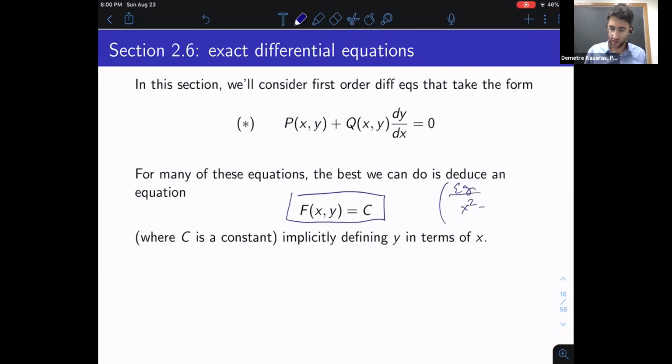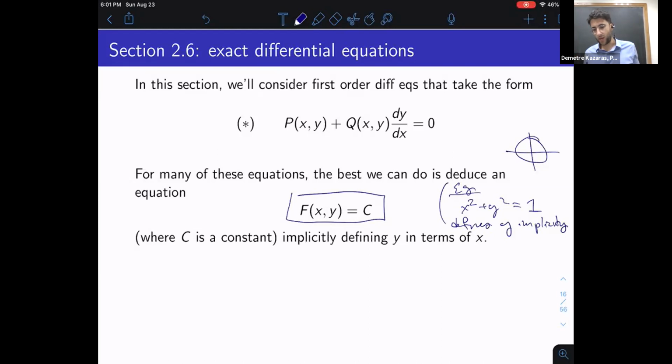Something like the equation x squared plus y squared is equal to 1. That describes a circle of radius 1. But this, I would say, defines y implicitly. And in fact, as this is a circle, you can't actually find a formula for y, well, I mean, you kind of can, but y is not in general a function of x.